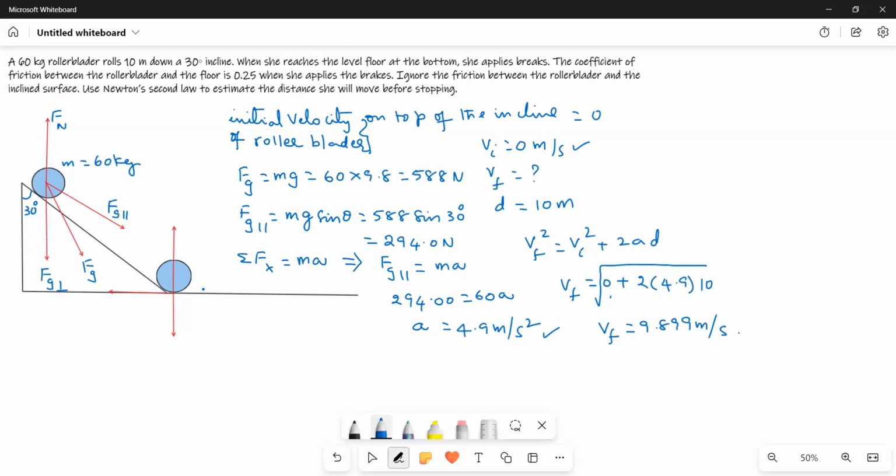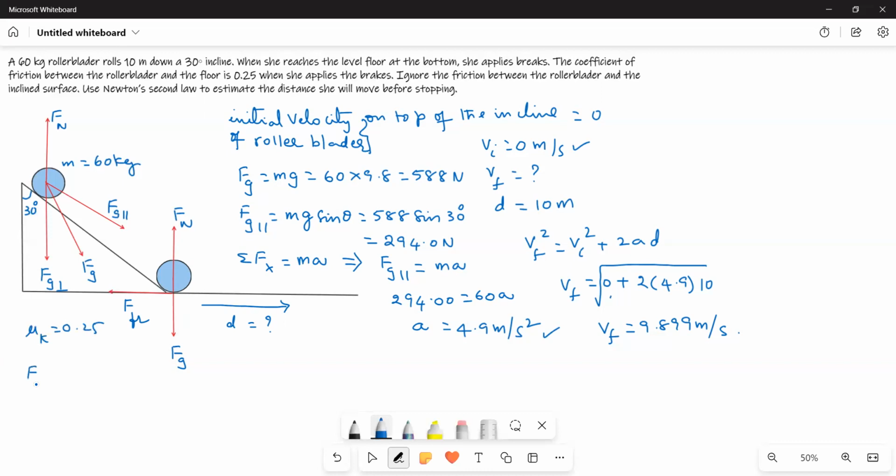This velocity is the initial velocity at the bottom. Here, the roller is going in this direction, and we have to find out how much distance it moves. Moreover, here it has the friction, so the friction is acting in the opposite direction. This is Fg, and this is Fn. Now we have to find out the friction. The data is given as mu k is equal to 0.25.